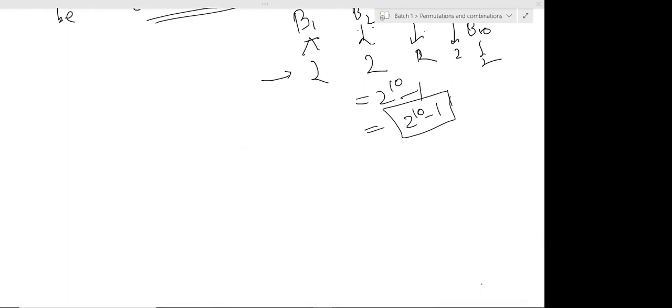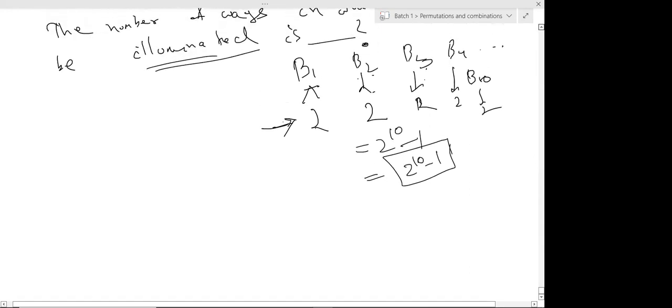Gautam, Ashma, Abdul, clear? Sir, why minus 1? Right, because in the options we counted, there is also the option of all the switches being off, but the room has to be illuminated.